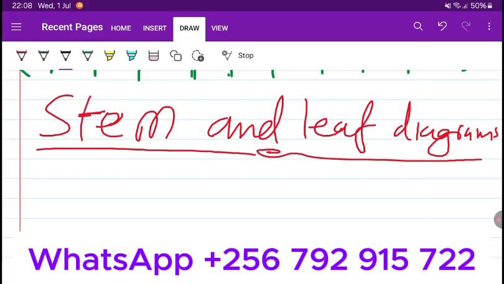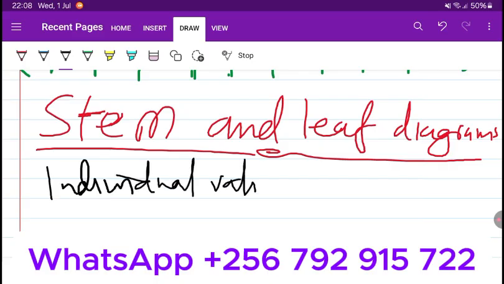First off, a stem and a leaf diagram is one of the powerful ways to present data, because it provides you with the individual values while displaying the overall distribution.